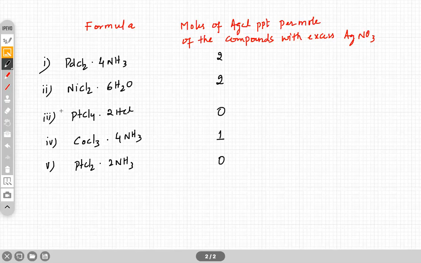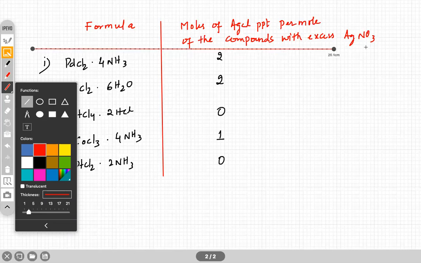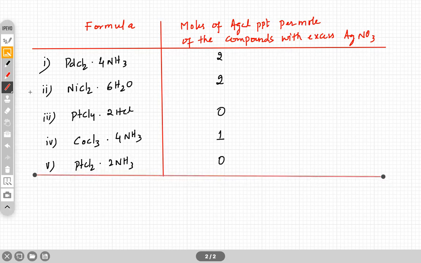Find out the primary valency, secondary valency, and the formula.